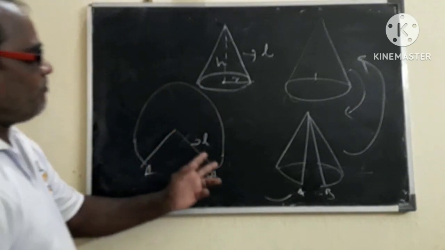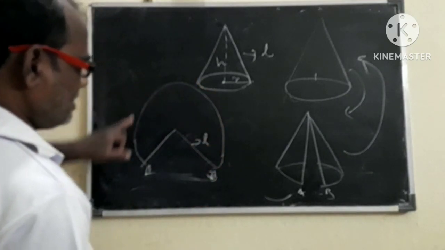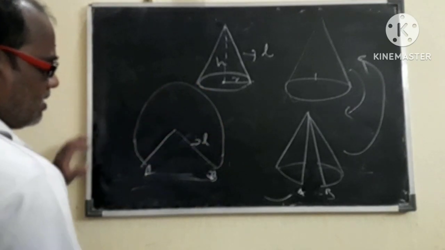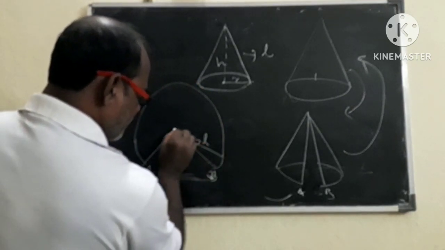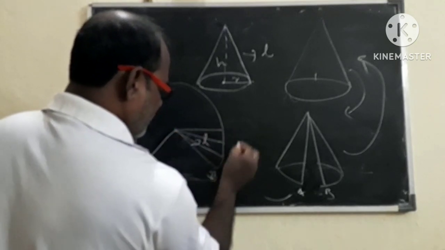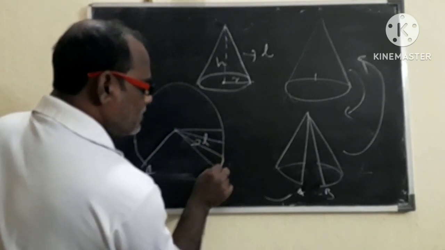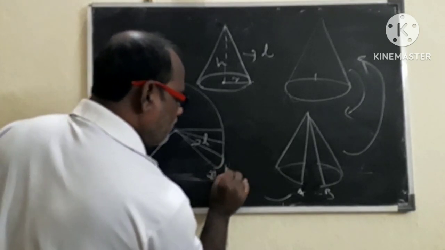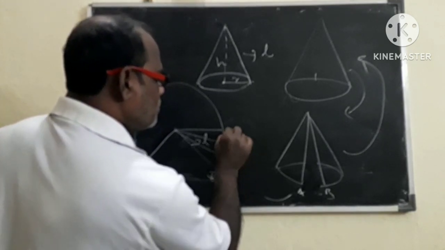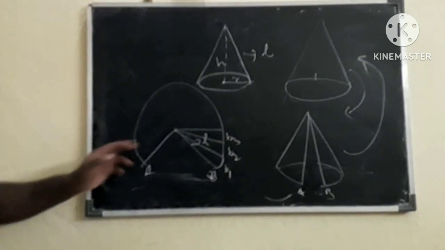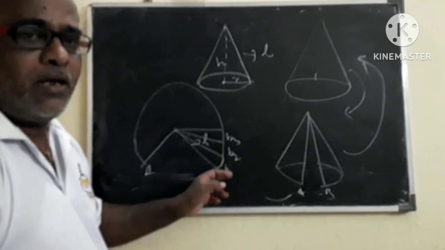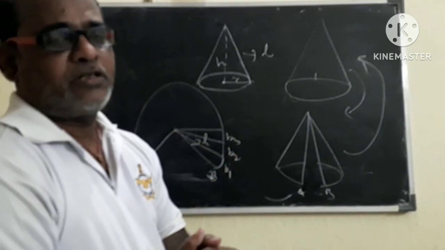Now if we make n number of pieces of this, let this be the circular arc B1, B2, B3, then each seems to be a small piece of triangle.